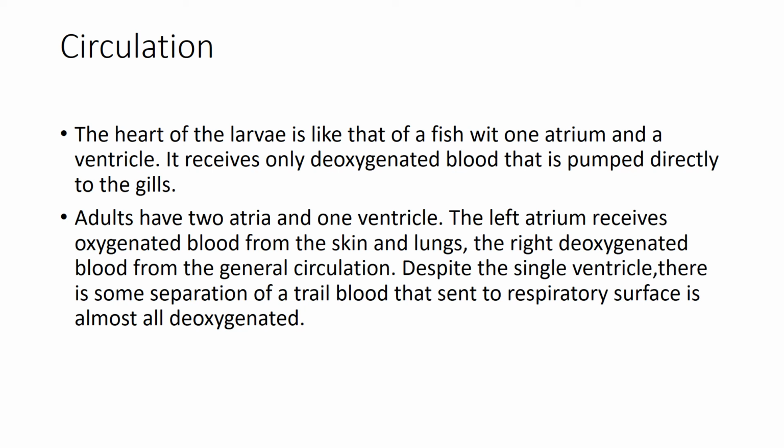The left atrium receives oxygenated blood from the skin and the lungs, and the right receives deoxygenated blood from the general circulation. Despite the single ventricle, there is some separation of blood, so that blood sent to the respiratory surface is almost all deoxygenated.